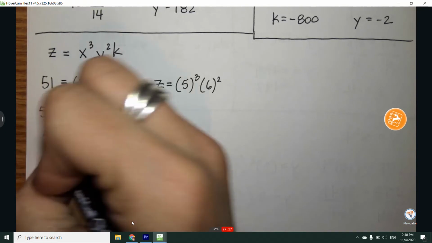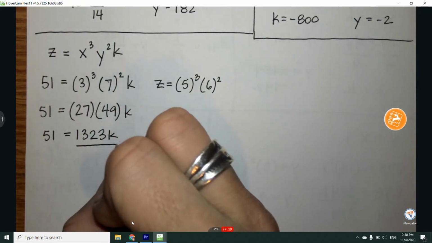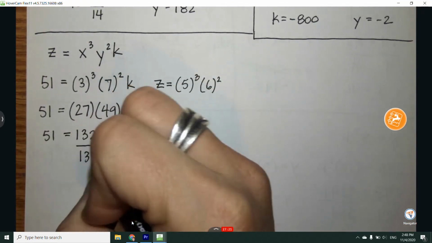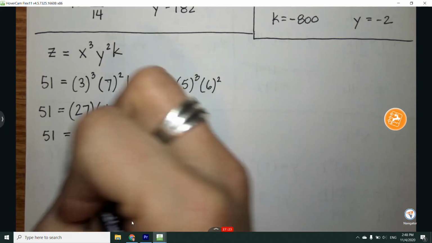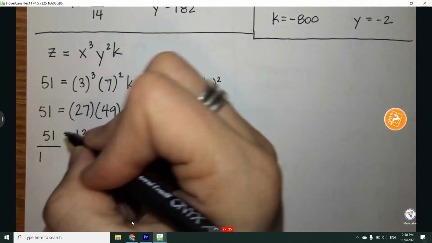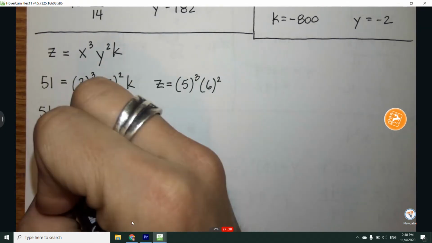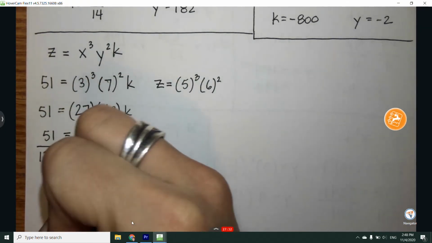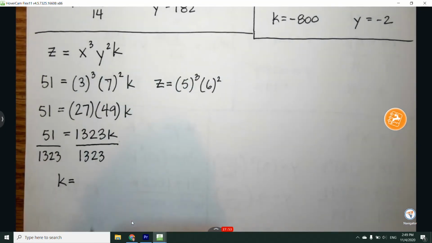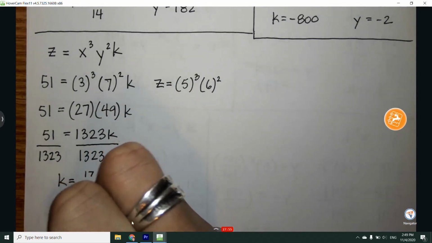And this equals 51. So to get this off of our k, we need to divide it away. And I don't believe that this is going to... Oh, no, it will. It'll reduce a little bit. So let's see what our k actually equals. It equals 17 over 441.